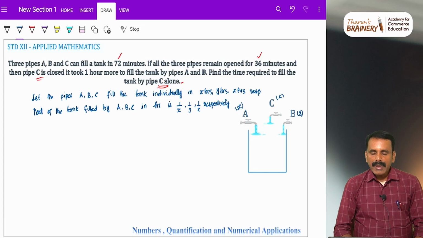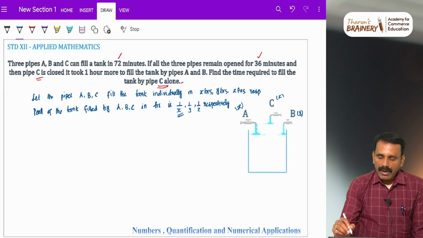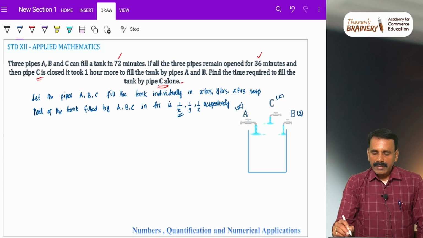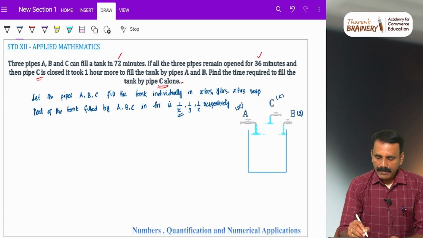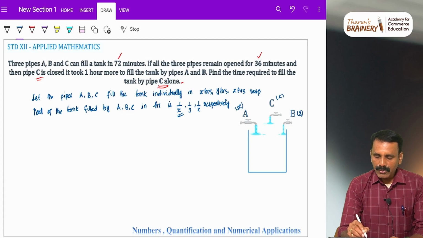So, if pipe A alone is operated, in 1 hour it will fill 1 by x part of the tank. Is it clear? And it is given that if all of them are operated together, the time taken for the tank to fill will be 72 minutes.